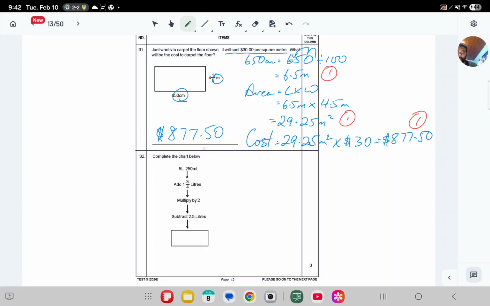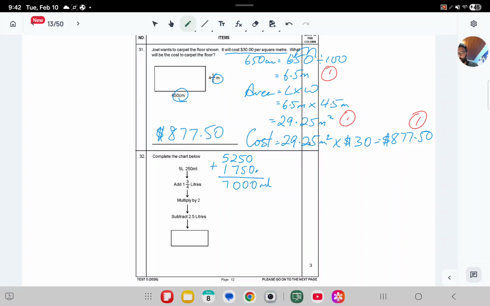Mental maths here now, we know that 5 liters, 250 milliliters is 5,250 milliliters. Then we add in, we know 3/4 liter is 750 milliliters, so 1.75 will be 1,750 milliliters.